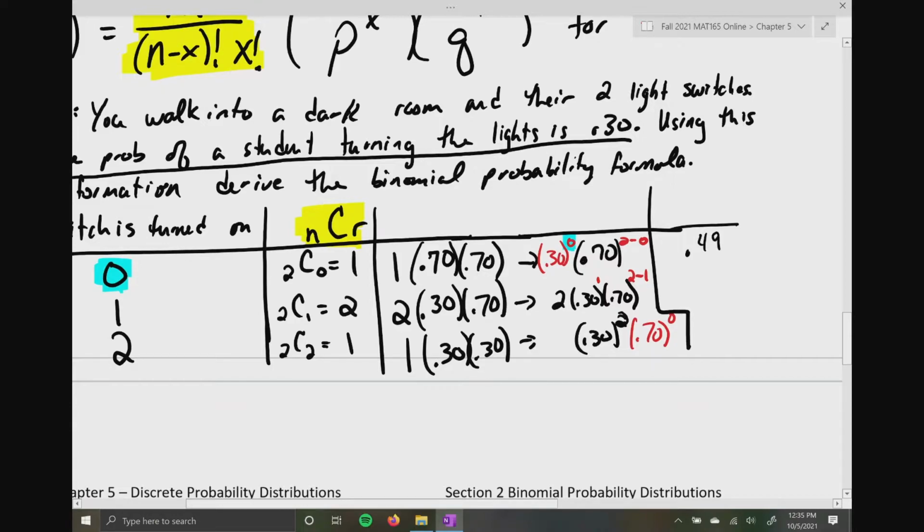For the second row, we're going to get 2 times 0.3 times 0.7, or 0.42. And then for the last situation here, we're going to have 0.30 to the second power, which is 0.09.